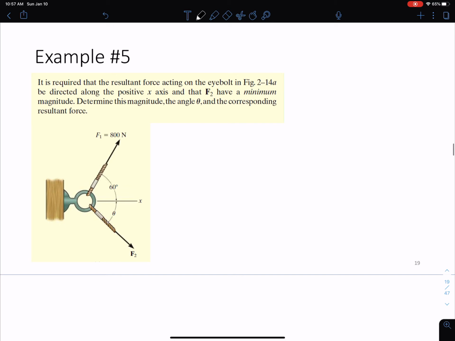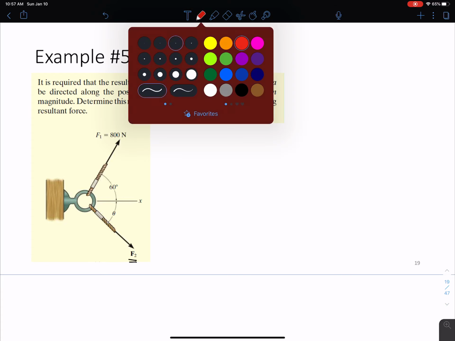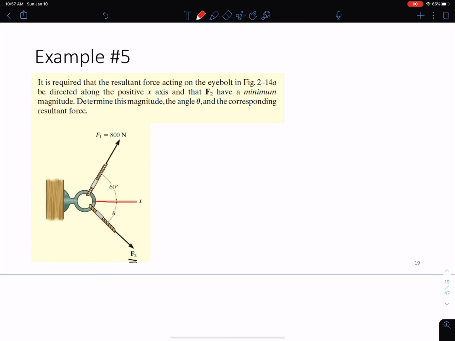We're going to do another example here. This example gives us the required resultant force acting on the eye bolt, which needs to be directed along the positive x-axis. So we don't know what F2 is, and we don't know what the resultant is, but we know the direction of the resultant has to be something along the positive x.